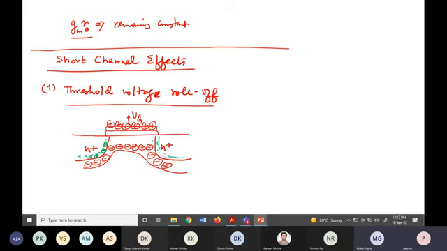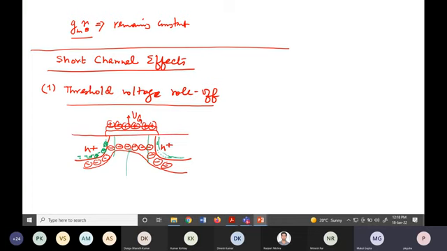So these immobile ions will image this part and maybe these ions. The same thing is true for a long channel MOSFET also, but that is very, very tiny. That proportion of imaging from the source and drain side, of the immobile ions present underneath the channel, is much less. Proportion wise it is much less. Maybe if there are 2000 immobile ions here, maybe 5-10 immobile ions are imaged by the source and drain.